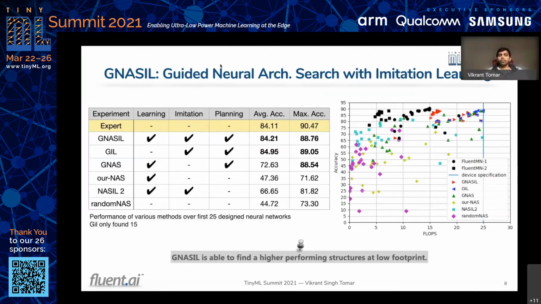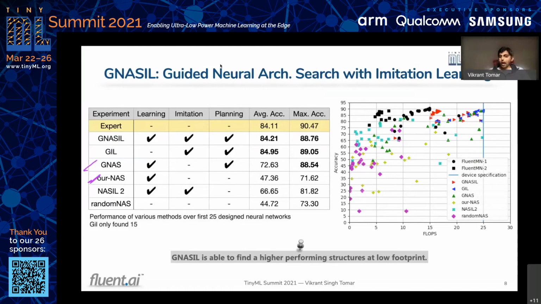Right. Yeah. Okay. And do you think it would still achieve decent results if you'd started from maybe a less optimized network? Right, so this is what is visible in this table. If you look at this table, there are the GNAS option and our NAS option.